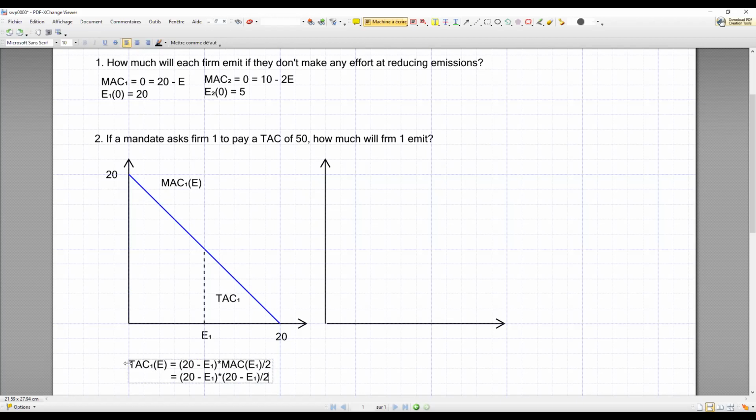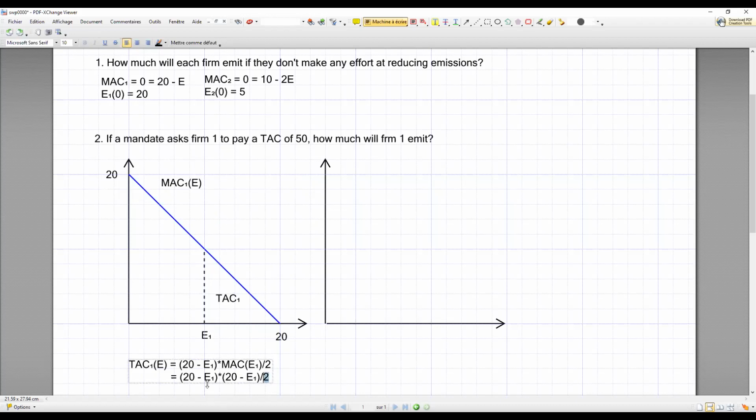So here we have a function of total abatement cost for firm 1 as a function of emission of firm 1. All I did is, the total abatement cost is this triangle there. So it's 20 minus the chosen level of emission times the marginal abatement cost at this level divided by 2, because it's a triangle.